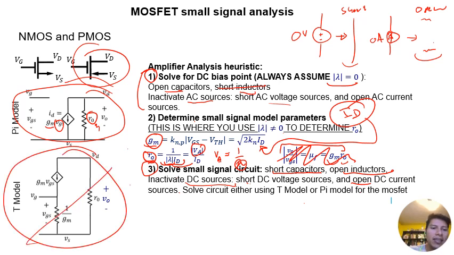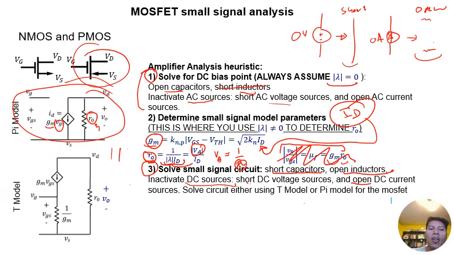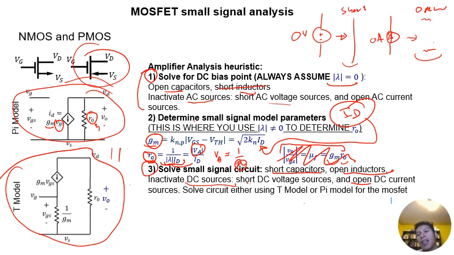This class we're not going to use the T model, but if you ever see one, these two circuits are equivalent. So in all of the circuits that I show you today, I could equivalently use this T model and I would get the same answer. Sometimes people will use the T model because it's more convenient and it leads to easier mesh and nodal analysis. That being said, in this class, we're going to strictly use this pi model. I'm just telling you that there's the existence of this T model.